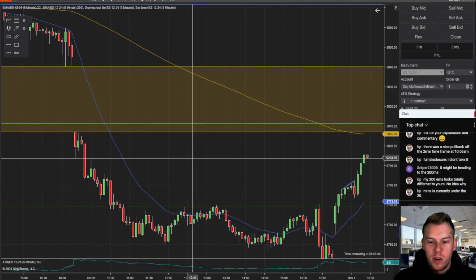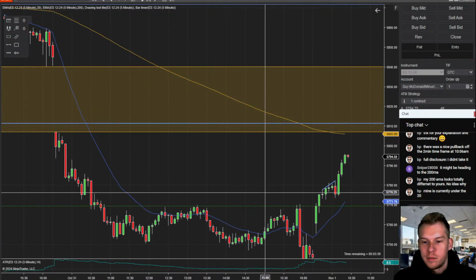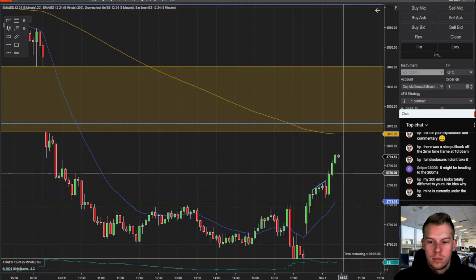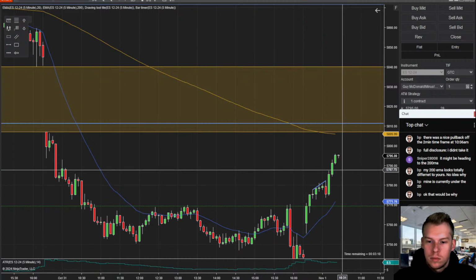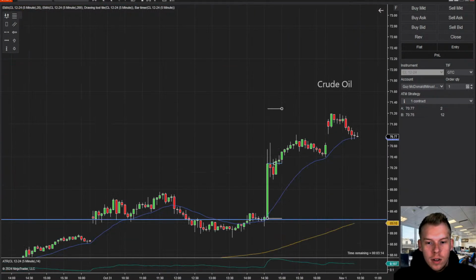So if you have yours on a 24-hour chart, then it's going to have different bars that it calculates from. Peek over at some other charts here.